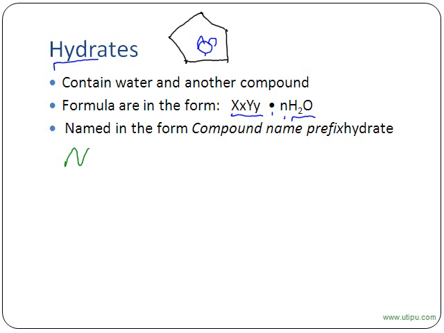We would have NaCl, that's the formula of the compound, and if there were 3 water molecules for every NaCl, we'd put a dot after it, and then write 3H2O. Just like that. This means I have water mixed in, inside the crystal of my salt, my NaCl, my sodium chloride, and that for every one sodium chloride molecule, there are 3 water molecules.